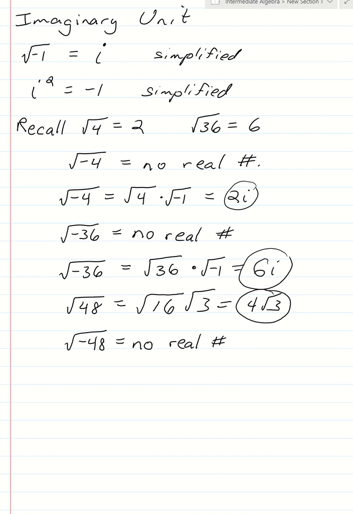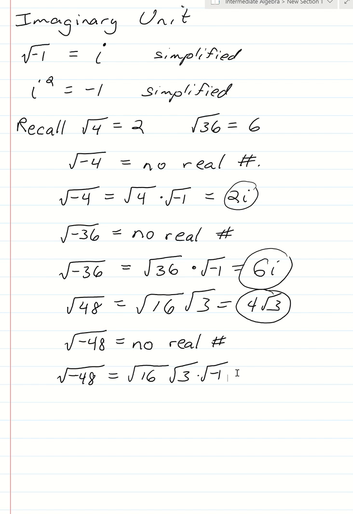But now that we can go further because of this imaginary unit, that the square root of negative 1 equals the simplified version of i, we can take the square root of negative 48, and we can write this as the square root of 16 times the square root of 3 times the square root of a negative 1. Because if we were to multiply the 16 times the 3 times the negative 1, that would give us back the original radicand of the negative 48.